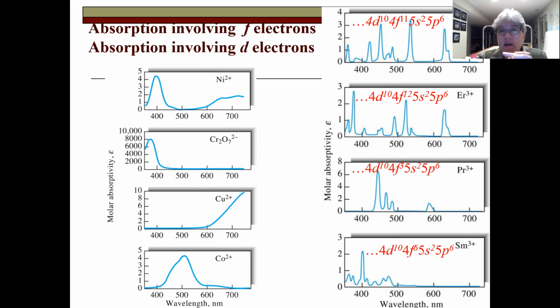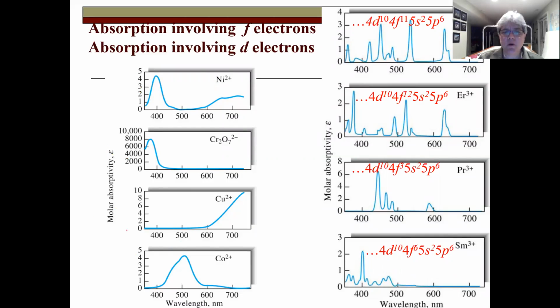Often you will see compounds that have these different metals in them, and they are often brightly colored because of these absorptions. One thing to note: these plots are not absorbance versus wavelength, but molar absorptivity.